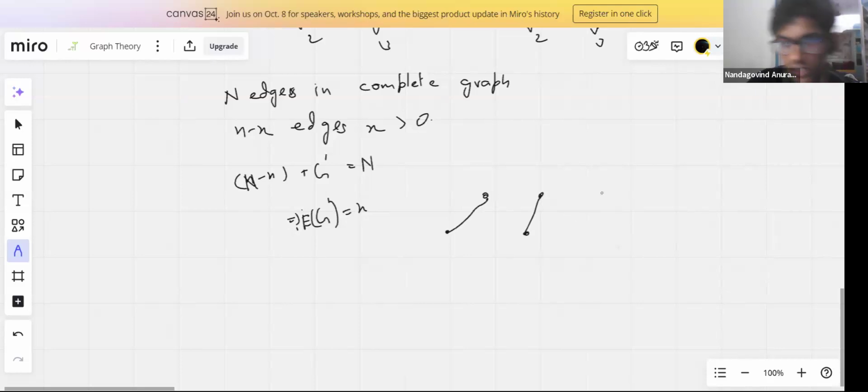But this has a positive number of edges, and it's not connected, right? I'm not misunderstanding, right?